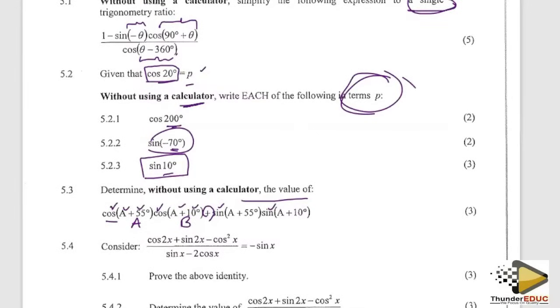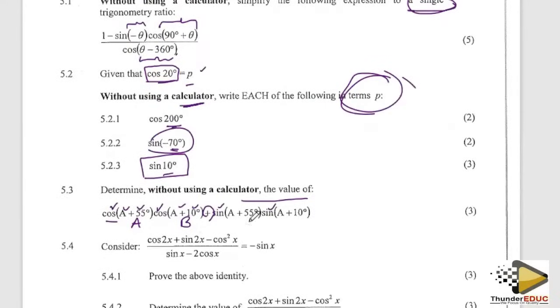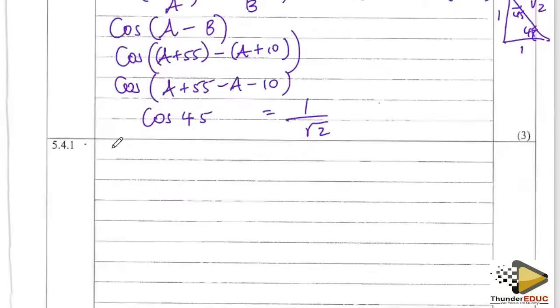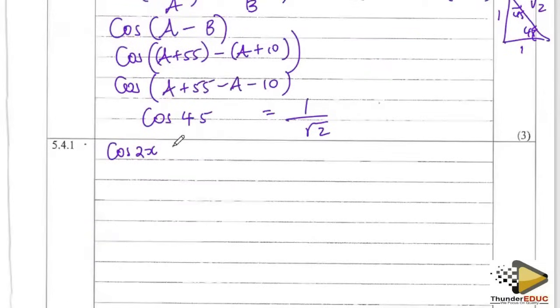Okay, and then 5.4.1. They want us to prove the identity. With proving, we have the question and we also have the answer at the same time. So that's cos 2x plus sine 2x.